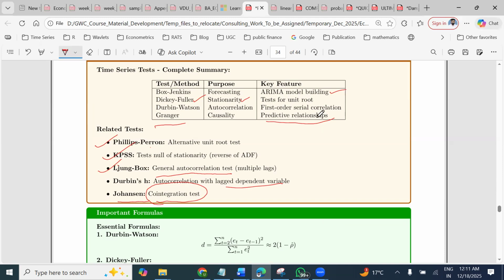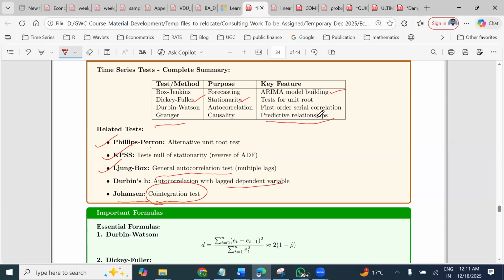Which are the theories where you have studied this? Consumption theories. There will be long run equilibrium between what? Consumption and income. The permanent income hypothesis you have studied, isn't it? The life cycle hypothesis, long run equilibrium.